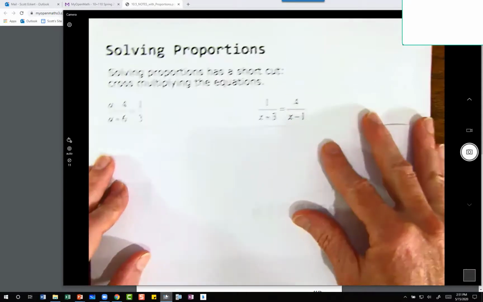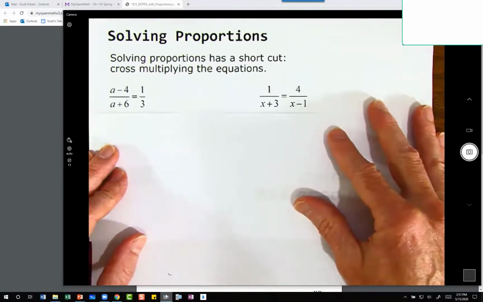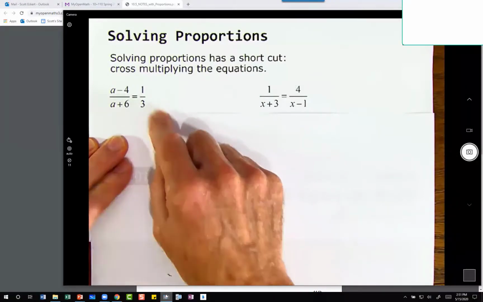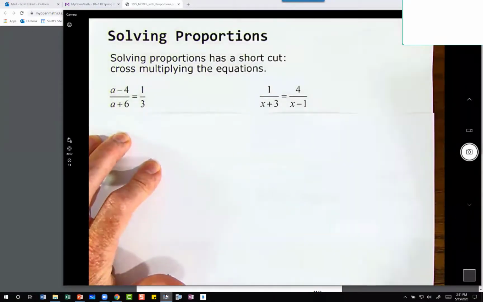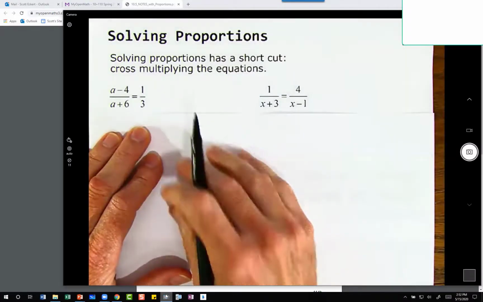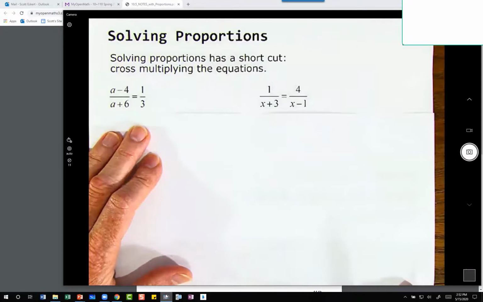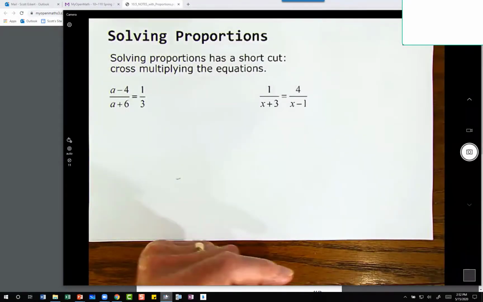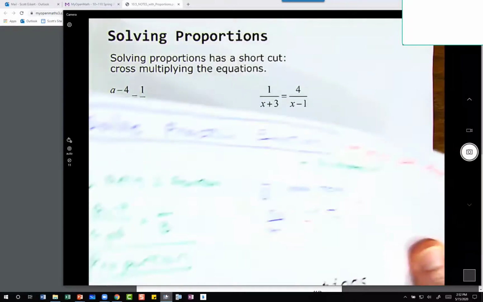All right. Let's look at how we would solve these. Technically, this is a proportion equation, but it's also a fraction equation. Now, we can use the strategy. I'm going to solve it the long way, and then, oh, sorry, rewind. Go back 1 page. I forgot to tell you something about proportions.